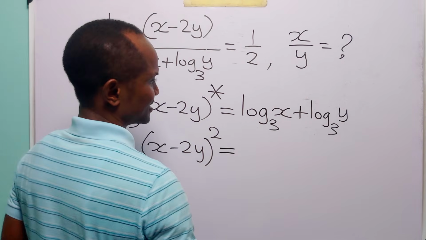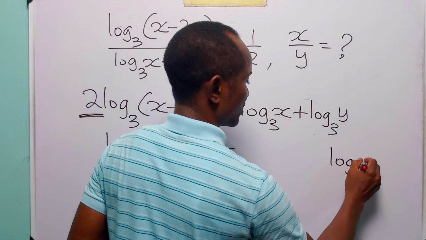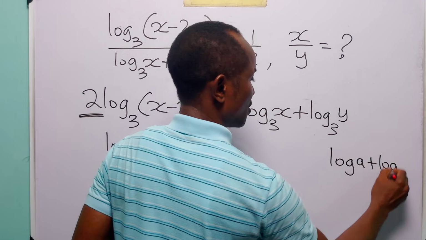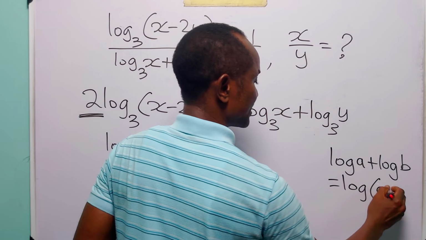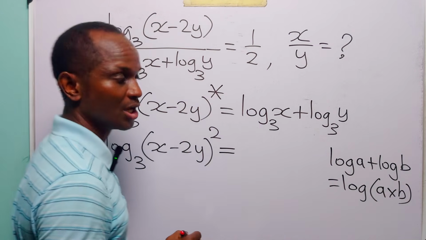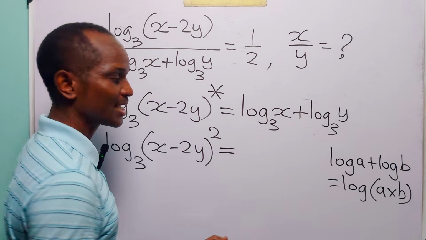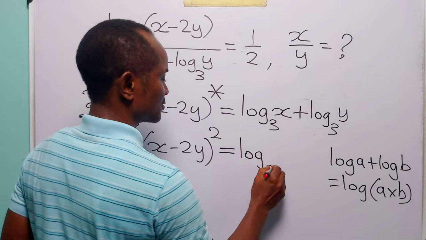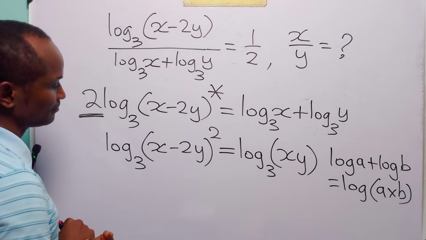And then on the right-hand side, let us remember that log A plus log B is equal to log A times B. So log to base 3 of x plus log to base 3 of y is equal to log to base 3 of x times y.